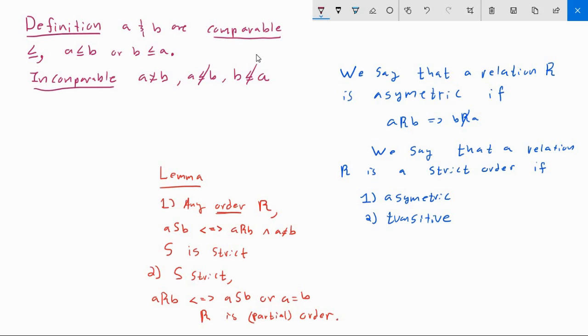A and B could be arbitrary sets. We're not necessarily talking about numbers here.